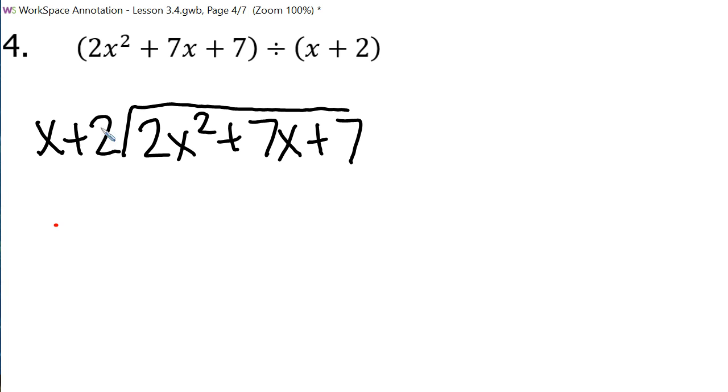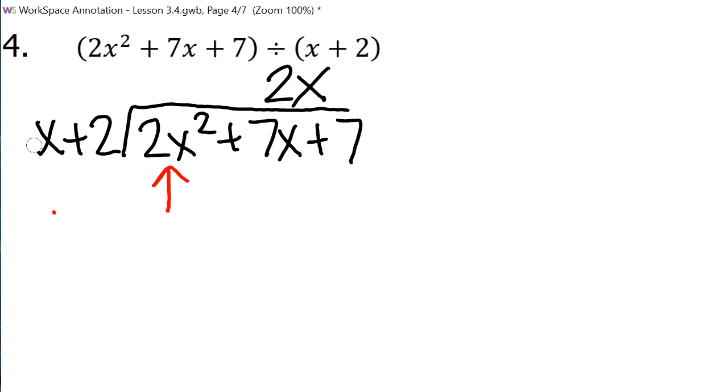Look at the first term. We have an x, we have a 2x squared. Yes, you would multiply by what? 2x. If I just multiplied it by 2, that would give me 2x, but I want it to be 2x squared. So I have to multiply it by 2x.